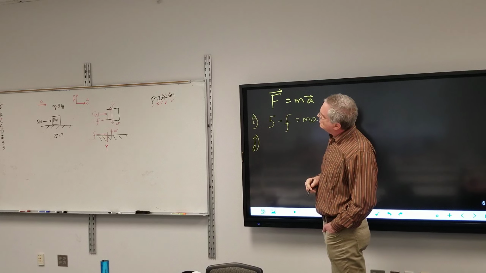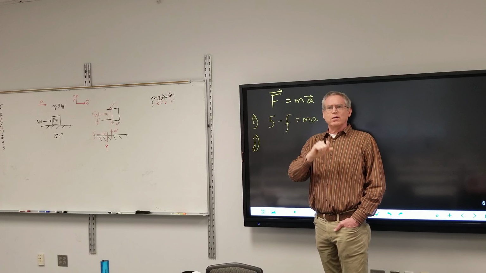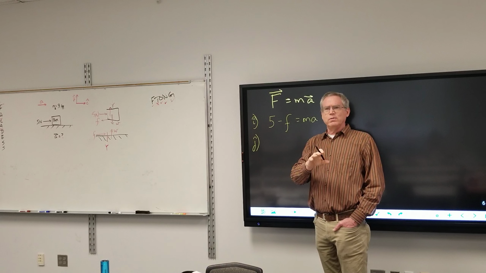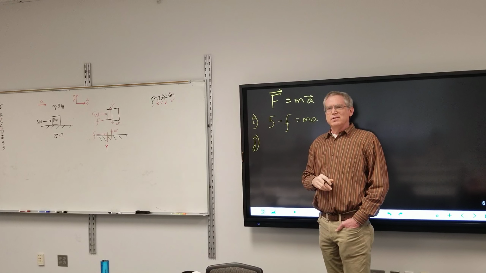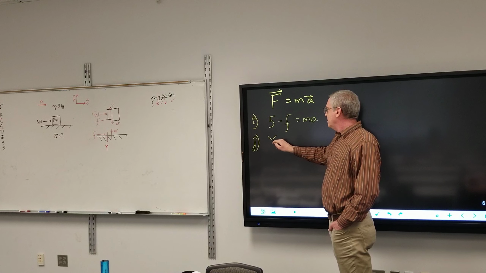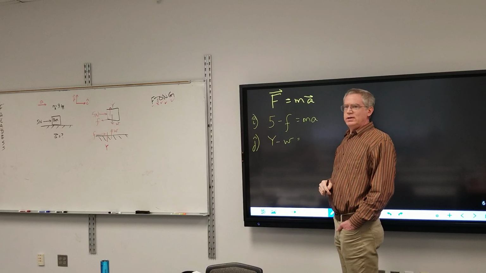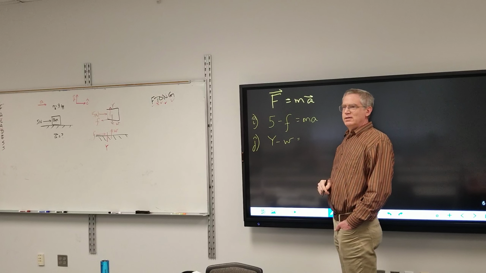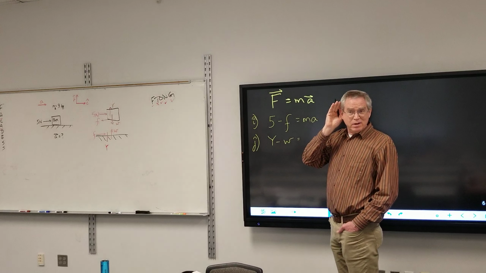Y minus W. Yeah, Y minus W. I was curious how you came up with yours. Yeah, I was trying to do the opposite, but I forgot that the J hat was going up. Oh, okay. So my upward one is Y, my downward one is W, and that's equal to? Mass times? Acceleration.